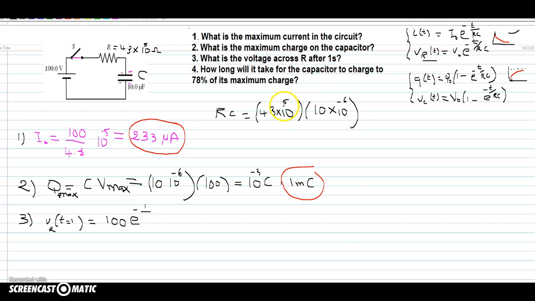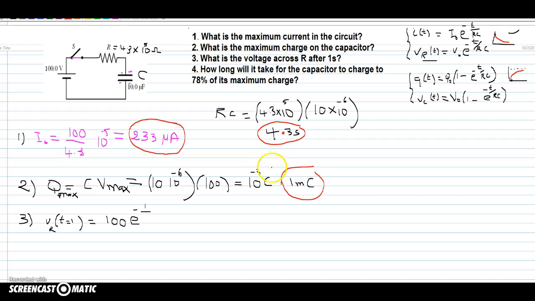As you can see, this is just 4.3 seconds. This is the RC time, 4.3 seconds.